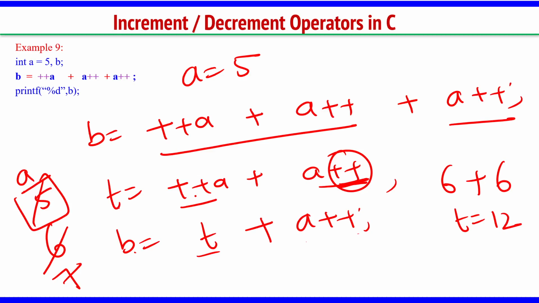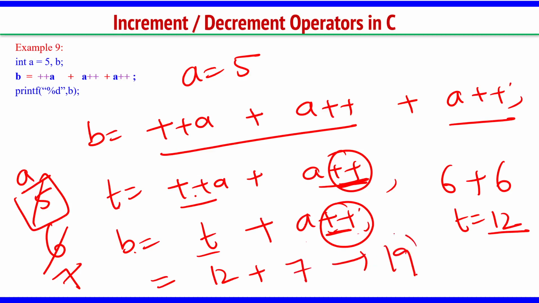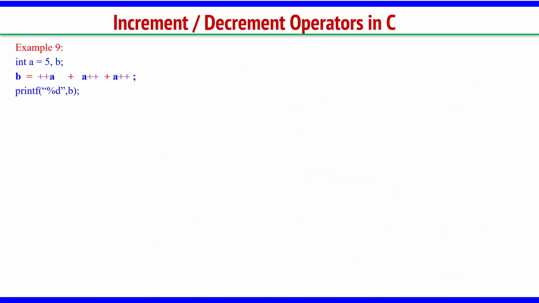I hope you understood that. So t value became 12 and a value became 7. Now here if I put t value, that is 12 plus, see a value 7, this is post increment, do it later. a value is 7. So this is 19. Okay, so answer is 19 for this expression.